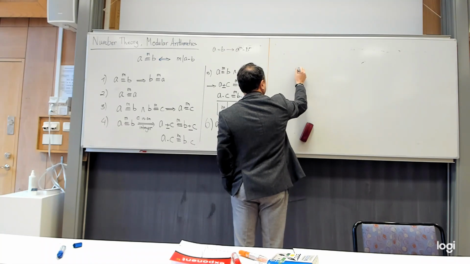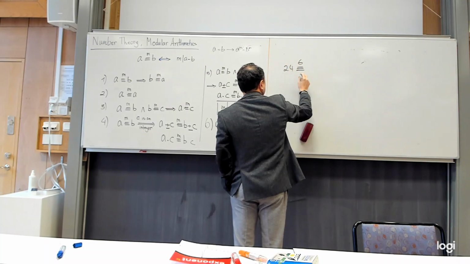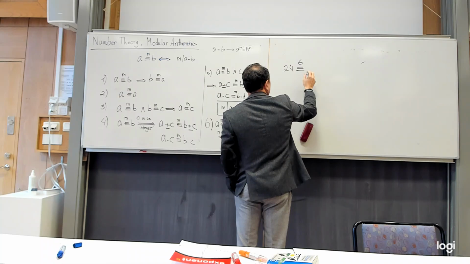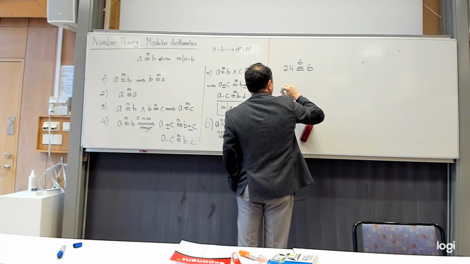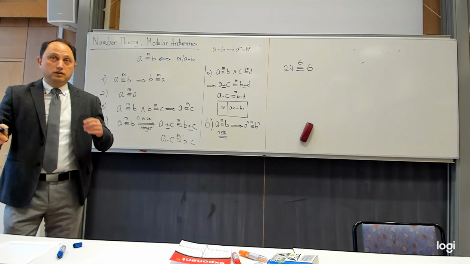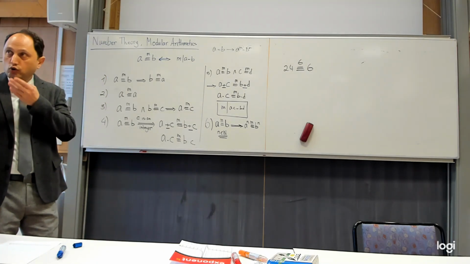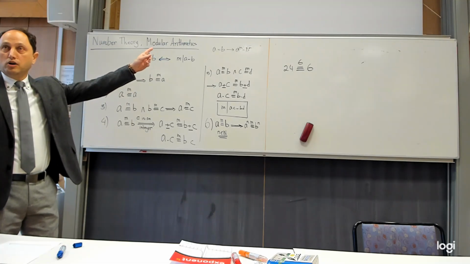So let me write like this. Do you think this is true or false? This statement is true, yes? 24 minus 6 is 18, and 18 is divisible by that modulo 6 there.